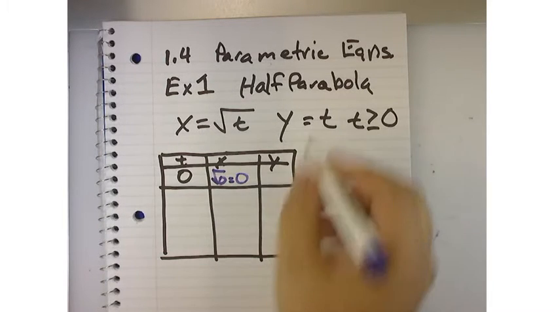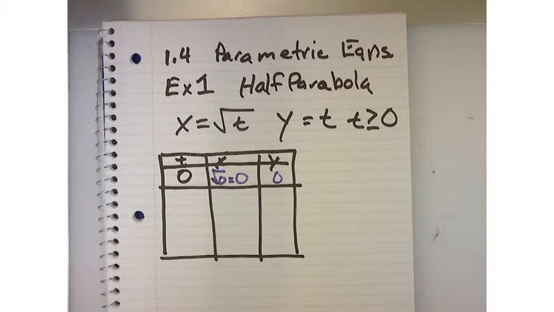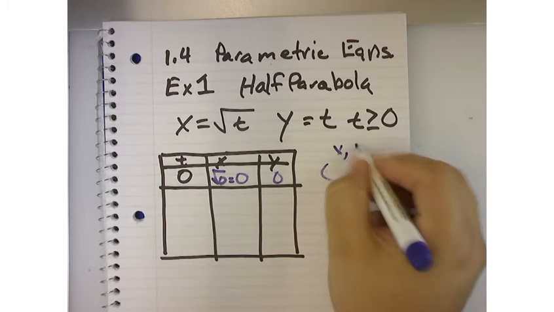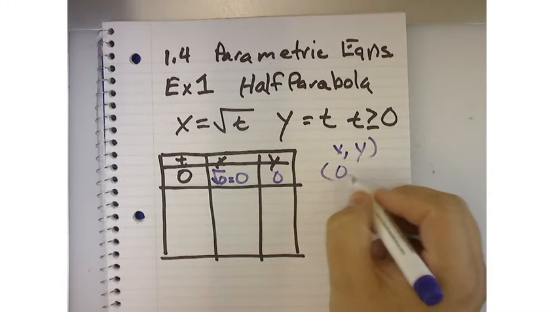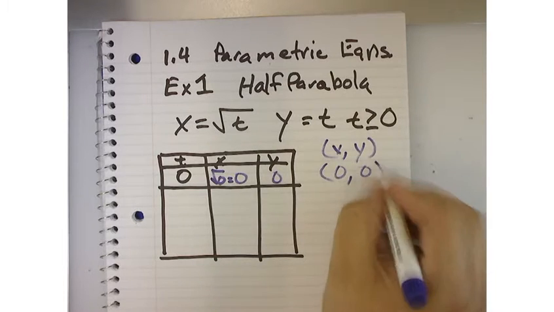And y is equal to t. Okay? You see where I'm getting those values from? So the point in the graph, my x comma y, the point on the graph would be 0 comma 0 when t equals 0.